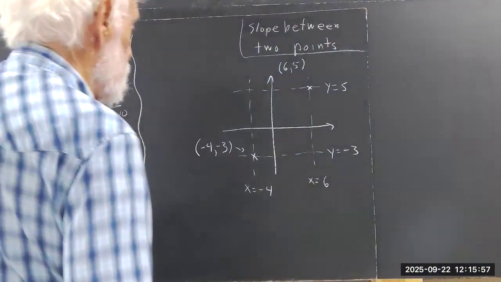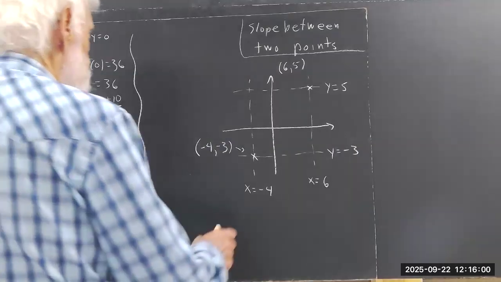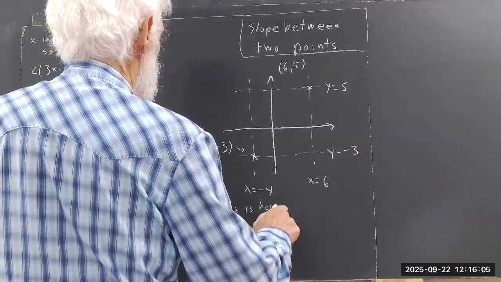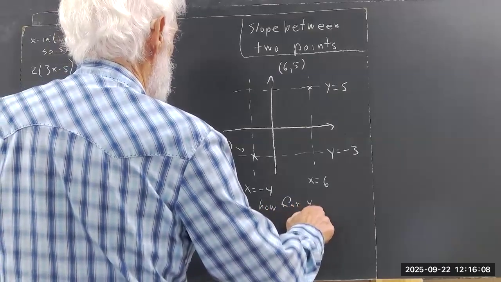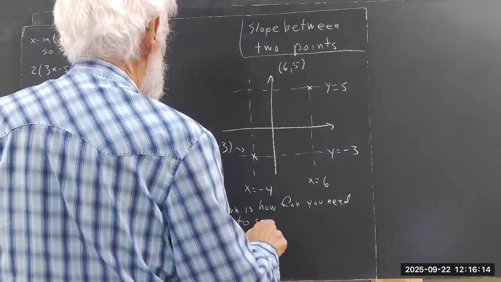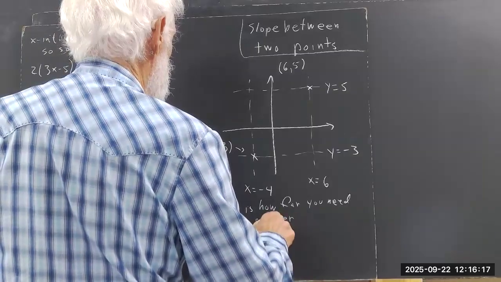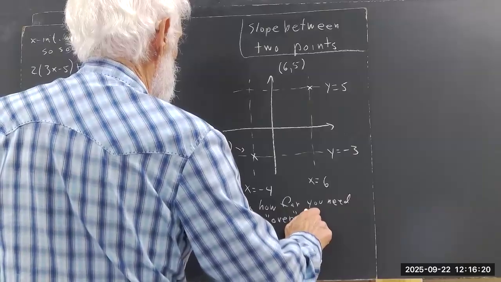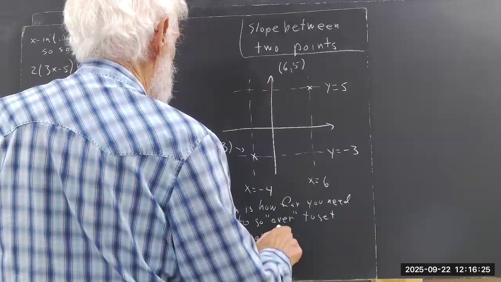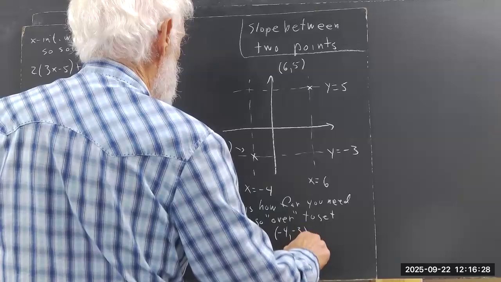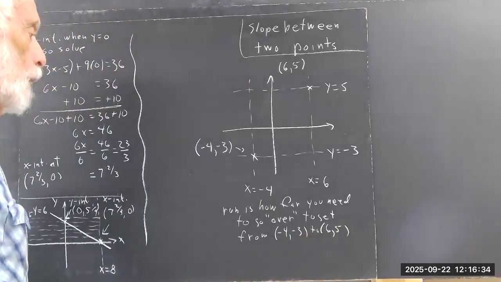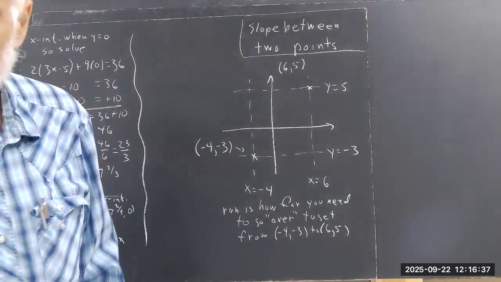Okay. So let's see. The run is how far? How far you got to go over to get from this point to this point?